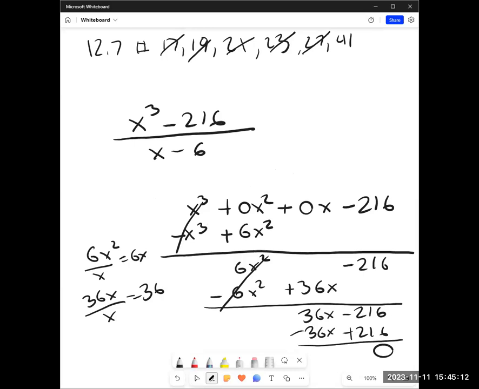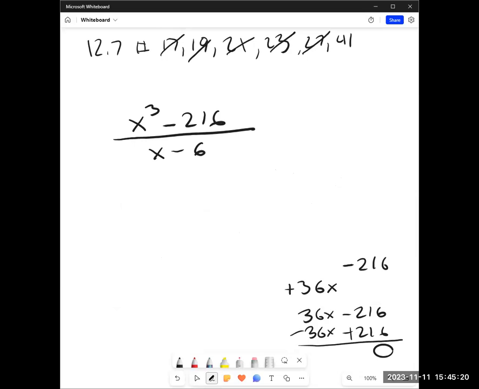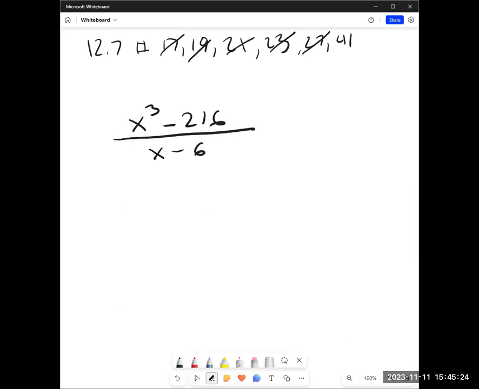This is one of our other techniques that we talk about. But don't forget that this is a possibility and you might want to try this if your instructions just say divide and don't tell you to specifically use long division. This is a difference of cubes that we talked about in an earlier video, because it's x cubed minus 6 cubed over x minus 6.